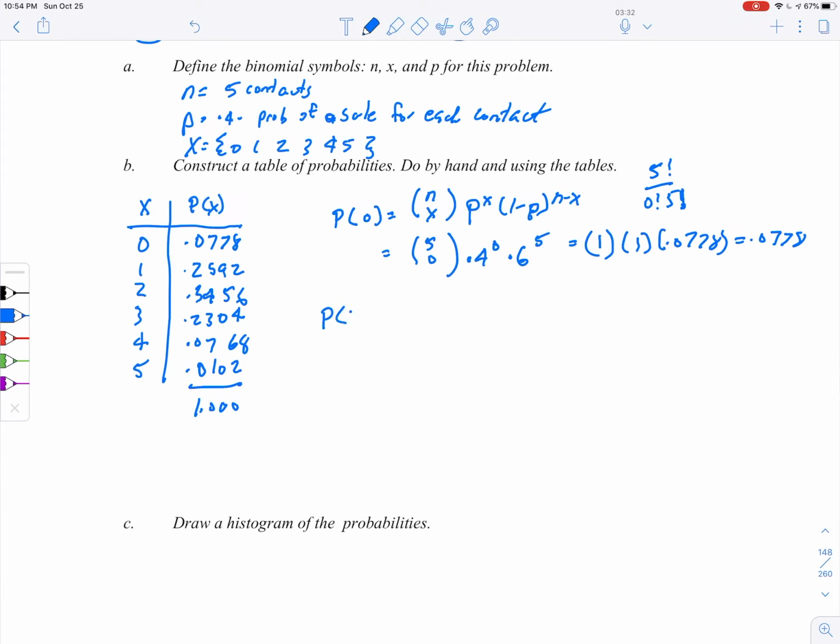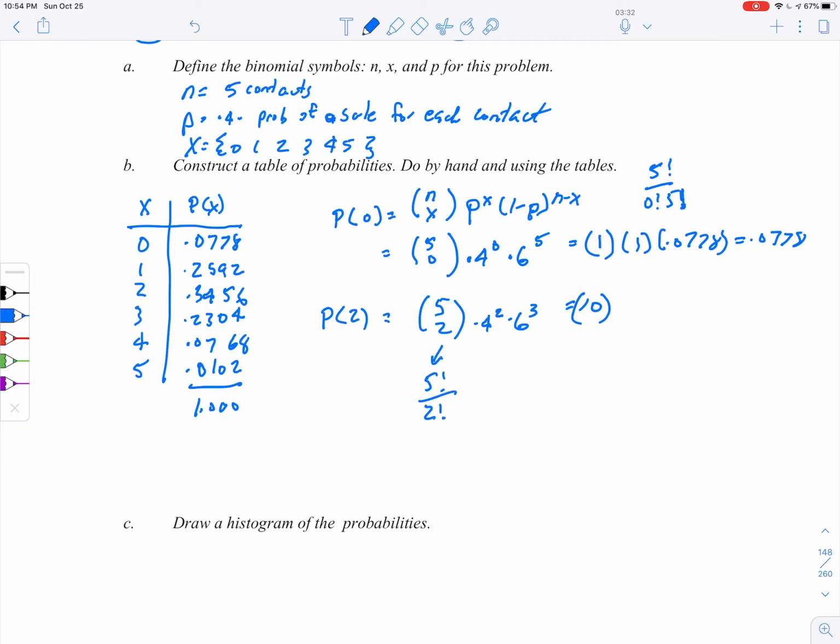Let's do one more. Let's do the probability that x is equal to 2. So that will be 5 choose 2 times 0.4 squared times 0.6 to the 3rd power. And that turns out to be 10.